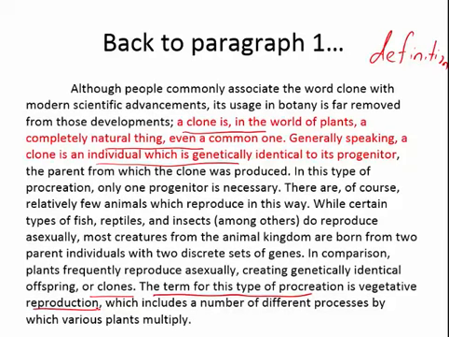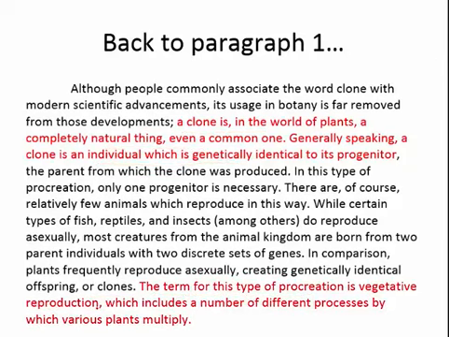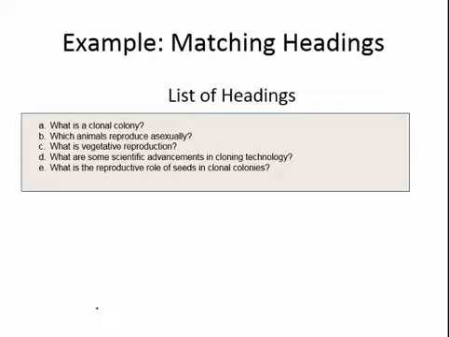So if we're going back to our sample question, which one best serves as a heading for this paragraph? Well, the main idea, hopefully you were going to choose C. What is vegetative reproduction? Because that's what the paragraph is about. It's describing how clones use vegetative reproduction.